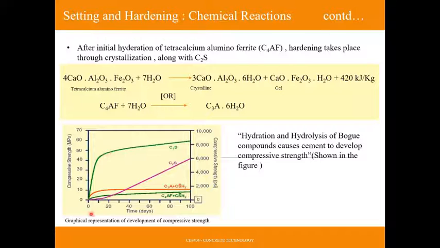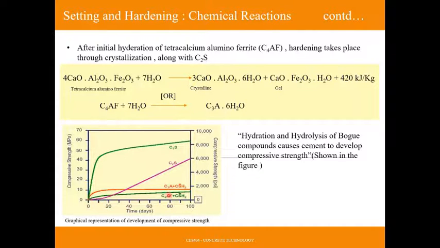Here we can see from this chart that the initial strength of the cement is due to the hydration of the C3S, that is tricalcium silicate, and due to dicalcium silicate there is a slow and steady increase in the strength of the concrete.